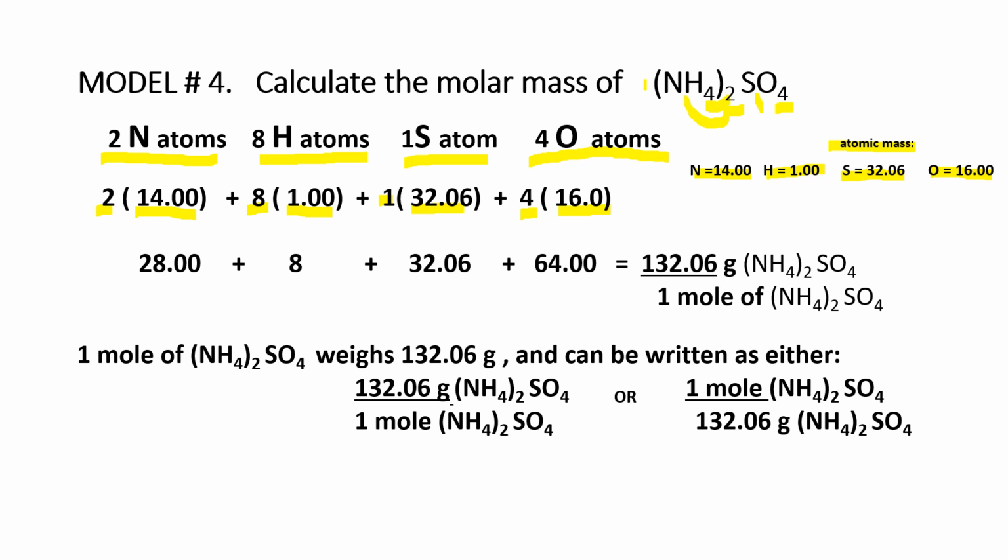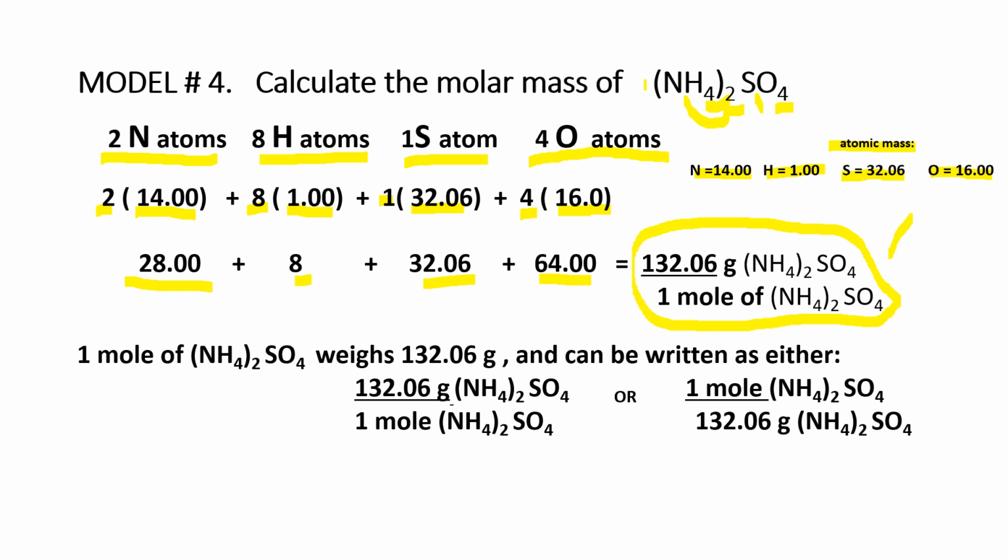So, getting the sum of all the masses of these atoms, it is equal to 132.06 ammonium sulfate. And the unit is 132.06 ammonium sulfate per 1 mole of ammonium sulfate.